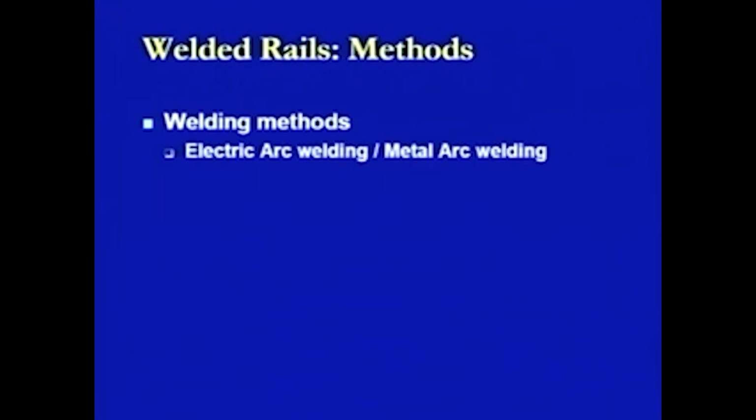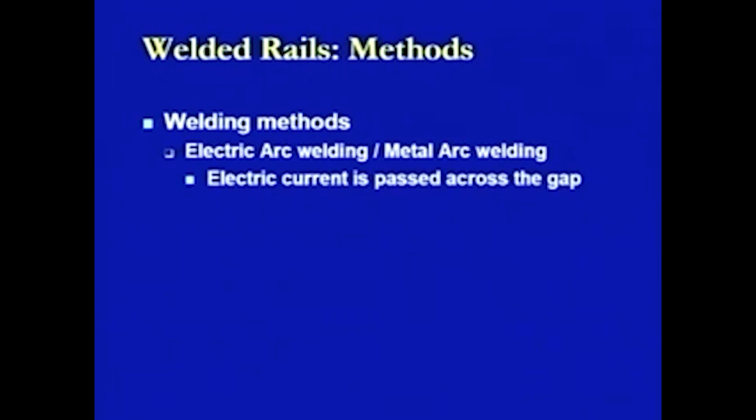Then there is another method, electric arc welding or metal arc welding. In this case, the two butting sections of the rail are treated as two different terminals, where the electric current will be passed through these two terminals across the gap. Now, this electric current may be passed using different methods.